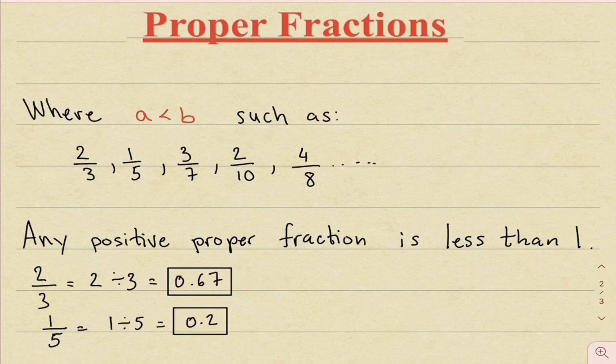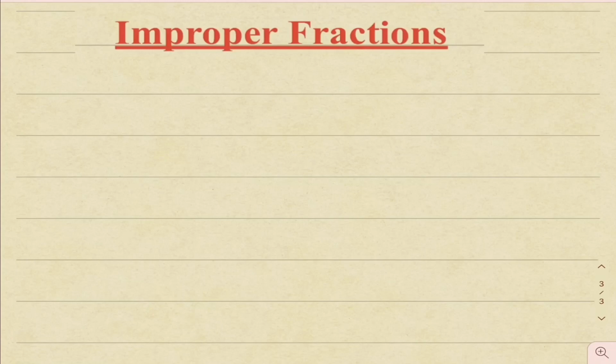We also have another type of fractions, which is improper fractions. Improper fractions are the type of fractions where a is greater than b. So improper fractions are just the opposite of proper fractions.